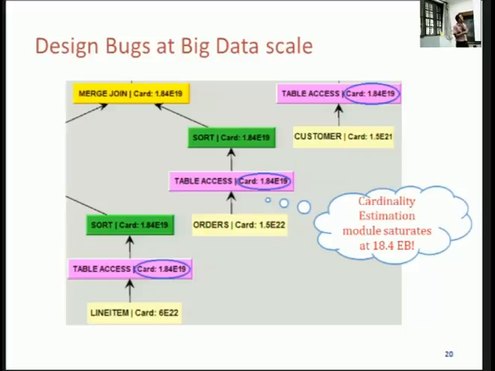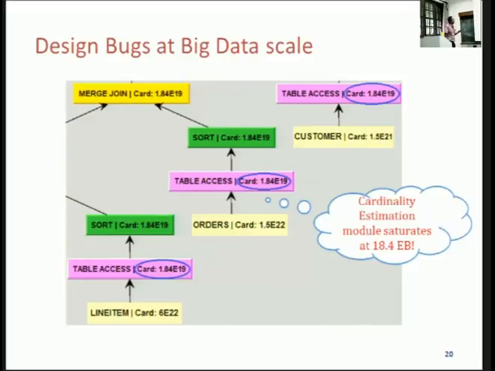When you scale the data, it said that you cannot process more than 10 power 18. Some developer had put in a hard-coded constant, thinking that no data will ever be more than 10 power 18. We found that bug and told the appropriate company.